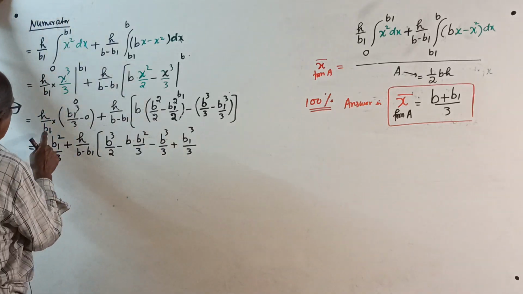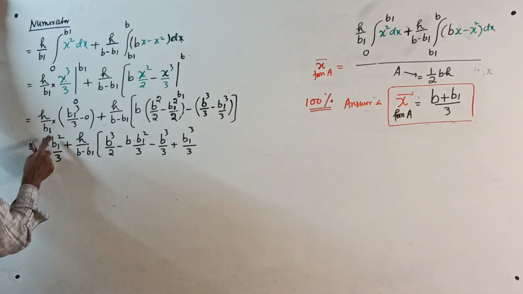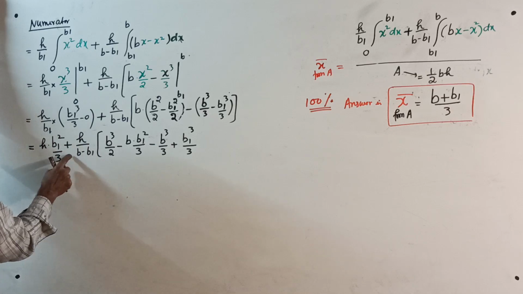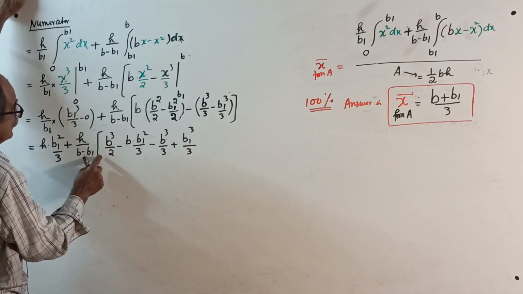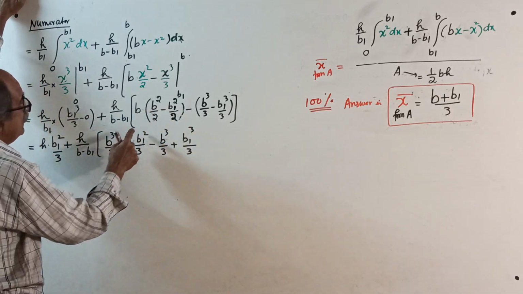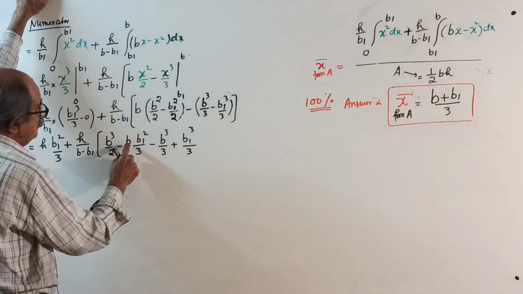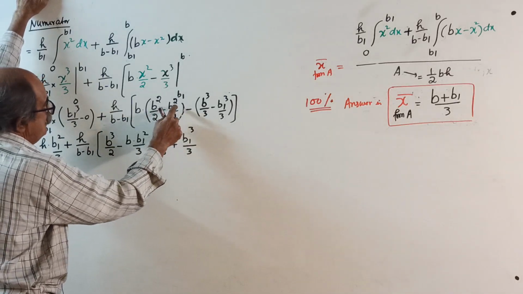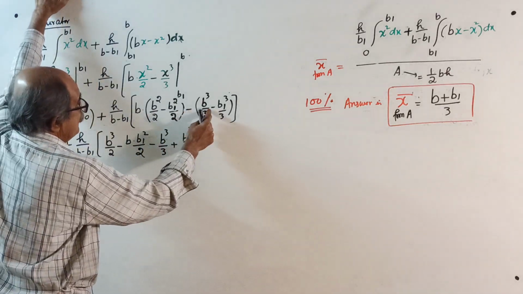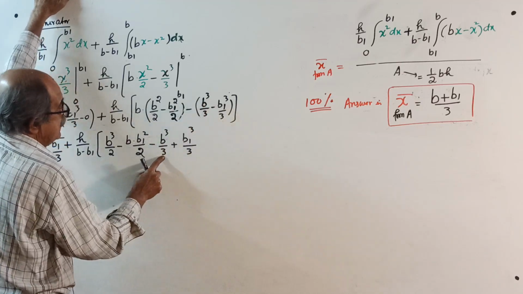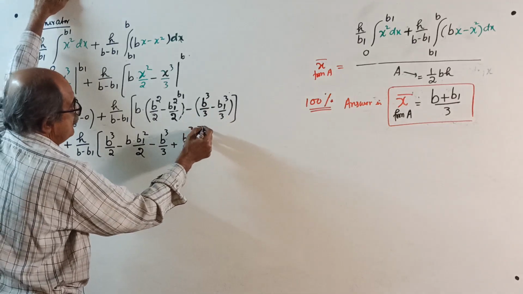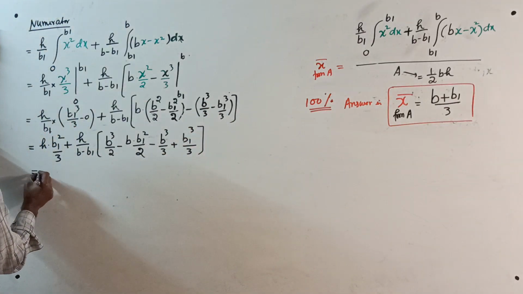So it is h by b1, h by b1 cube by b1 is b1 square, h b1 square by 3 plus h by b minus b1 into b square, b cube by 2 minus b into b1 square by 2, then minus b cube by 3 plus b1 cube by 3 is the answer.